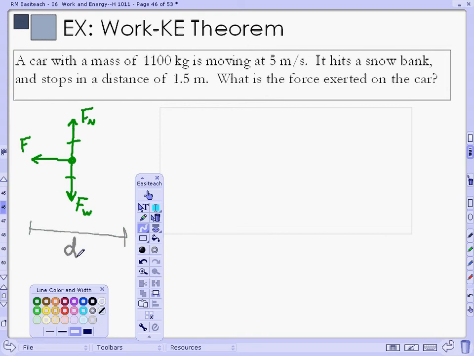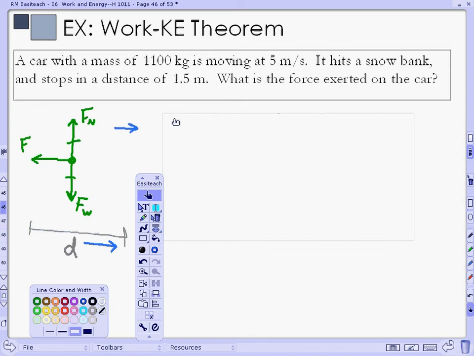In this case, think about this for a second. Does the snowbank do positive or negative work on the car? It does negative work on the car because the car is presumably moving in this direction. So this distance occurs in that direction and the force is in the opposite direction. Therefore, we can assume that negative work is done.